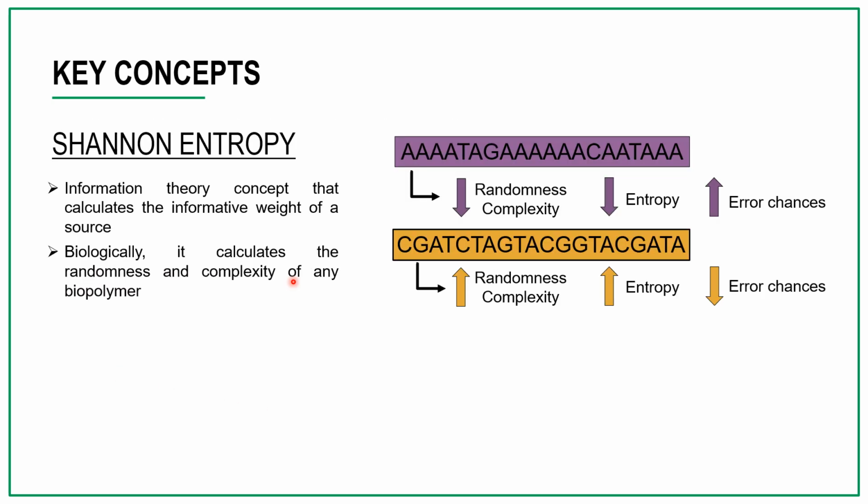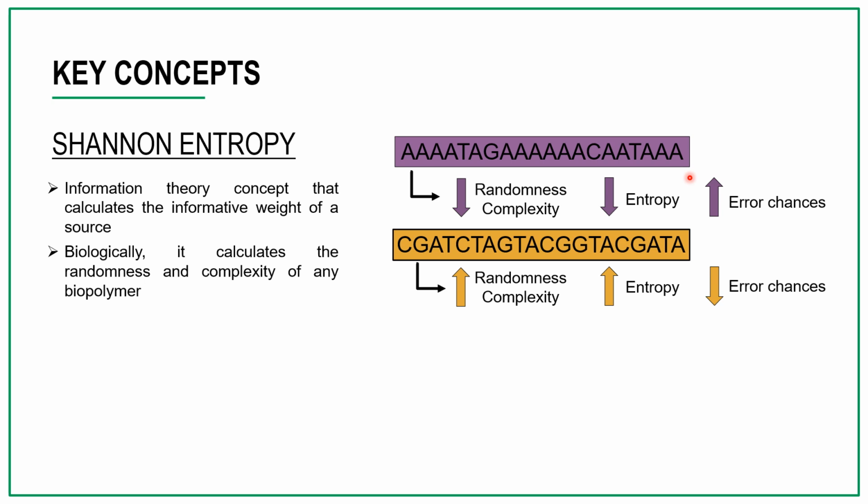The first key concept of my project is Shannon entropy. It's an information theory concept that calculates the weight of an information. Biologically, it calculates the randomness and the complexity of the sequence of a polymer. As we know, if a sequence is repetitive, it's prone to sequencing error.